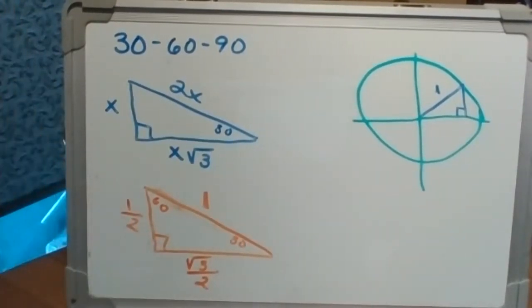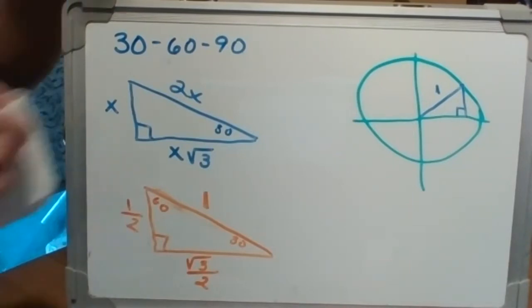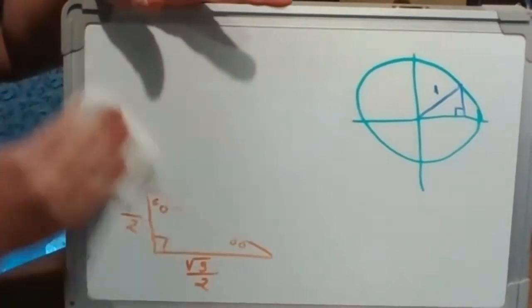All right, let's do the same kind of thing now with our 45, 45, 90 triangle. And then once we get that all created, then we'll actually do something with these triangles.